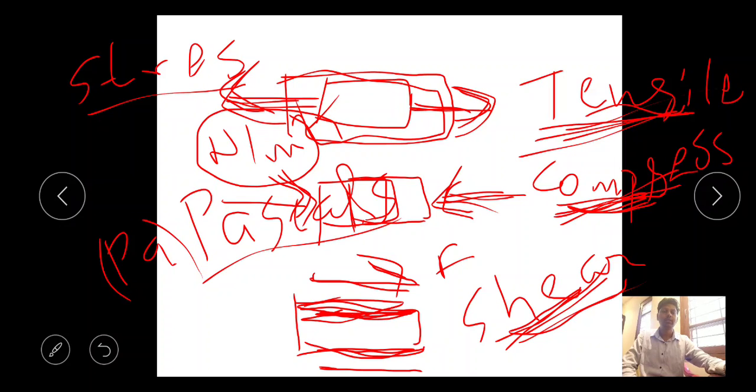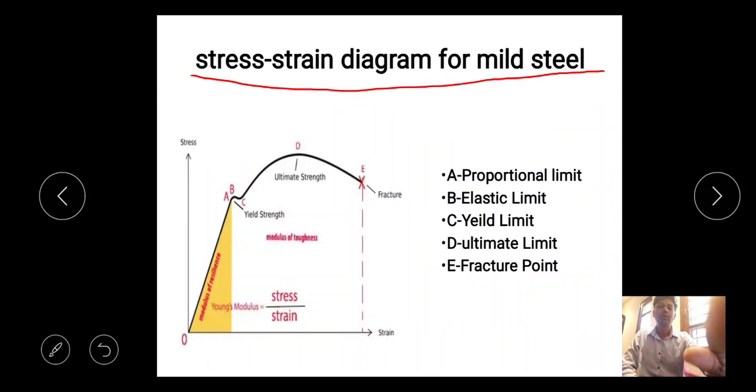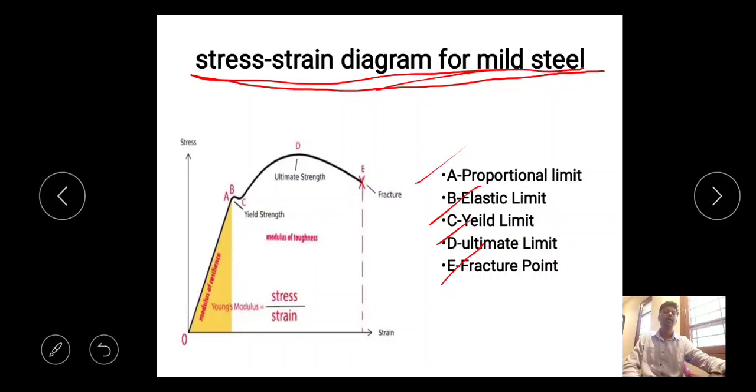In this whole first chapter we'll go on discussing the basic things, then go on to the next chapter. The first unit is very important, though the marks weightage is less, and you should know all these basic things. In the next lecture we'll discuss the stress strain diagram for mild steel, and the different points: proportional limit, elastic limit, yield limit, ultimate limit, and fracture point.